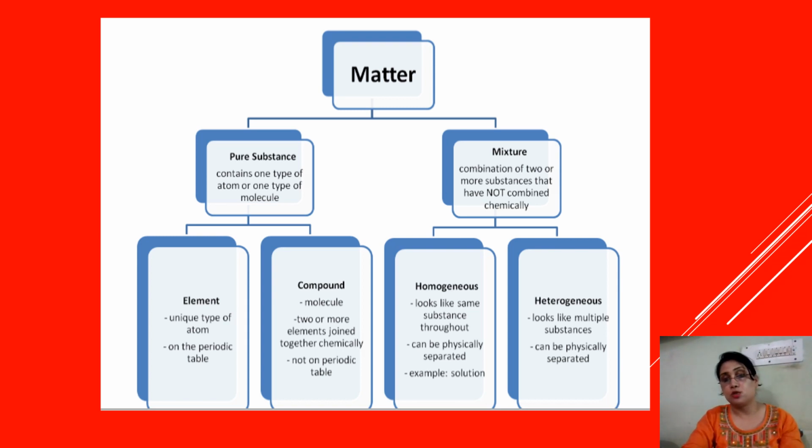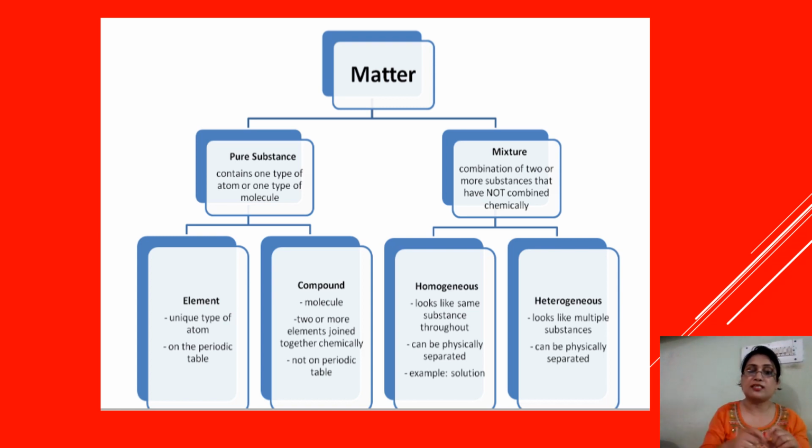Whereas mixture, matter can be a mixture, just like the mixture that you eat, which is there in the market. In a mixture, different kinds of pulses and rices are mixed together. So here in chemistry, when we talk of a mixture, it is the combination of two or more substances that have not combined chemically.